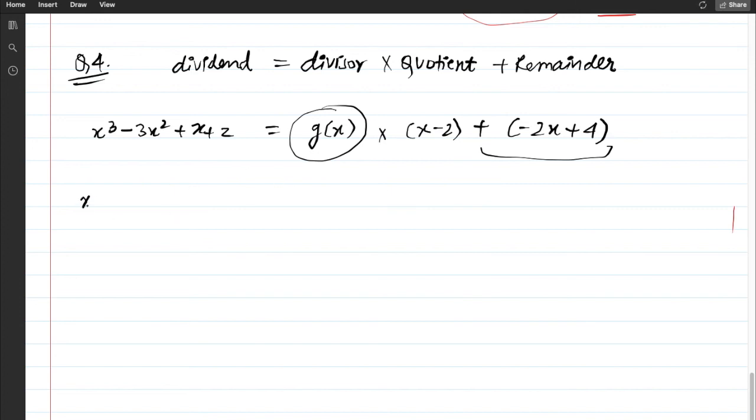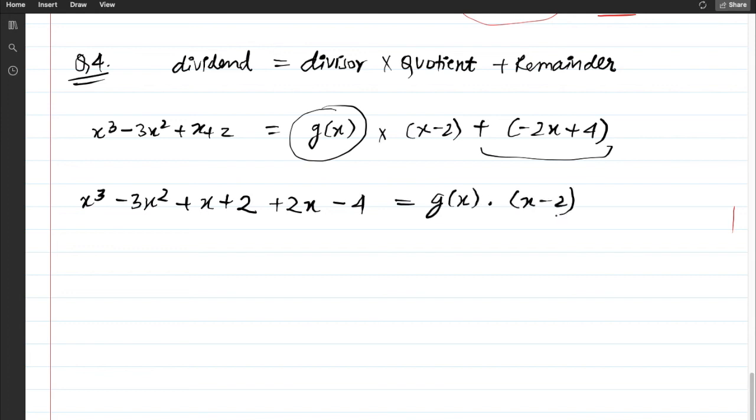So I can write it like x cube minus 3x square plus x plus 2. Then minus 2x will come out to the left hand side, so this will become plus 2x, and the plus 4 will become minus 4, and this will be equal to gx multiplied by x minus 2.